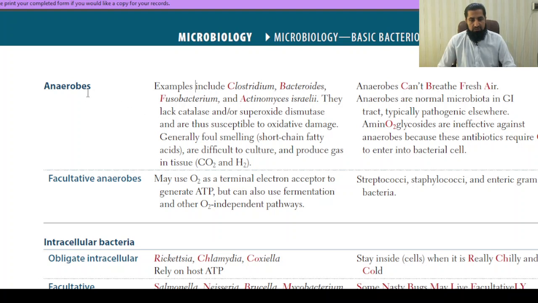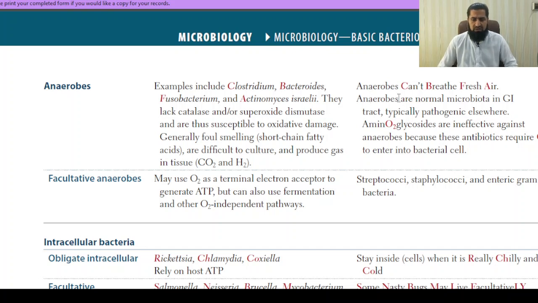Anaerobic bacteria don't have these enzymes, so they are prone to damage by oxidative radicals or chemicals. Generally, they produce foul-smelling short-chain fatty acids, are difficult to culture, and produce gas in tissues like carbon dioxide and hydrogen.